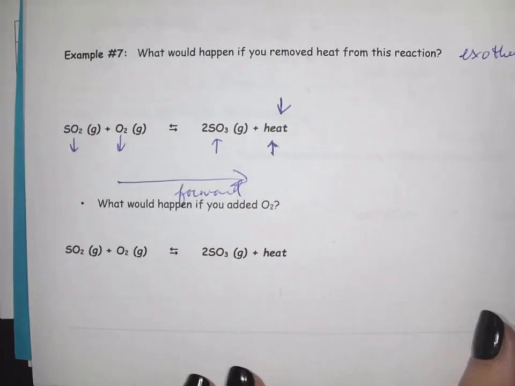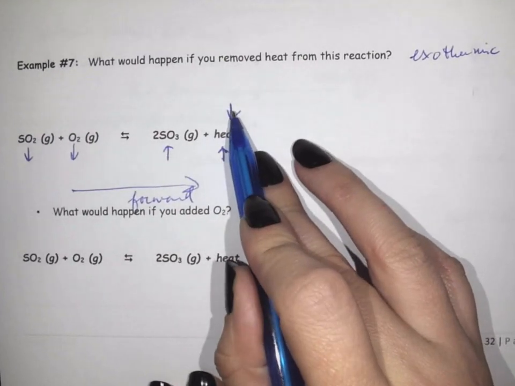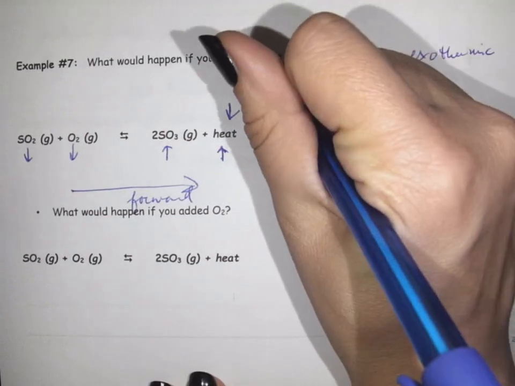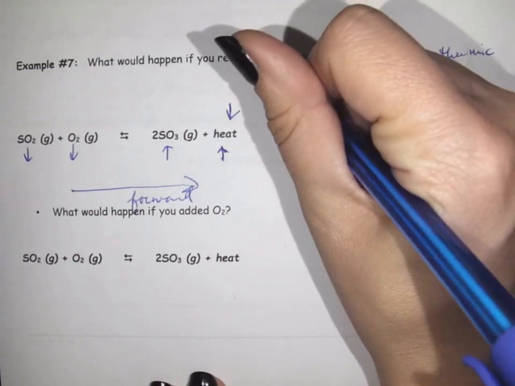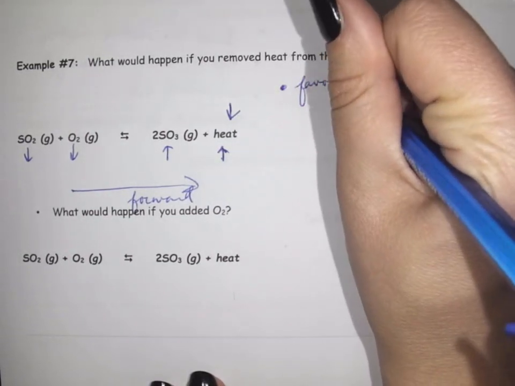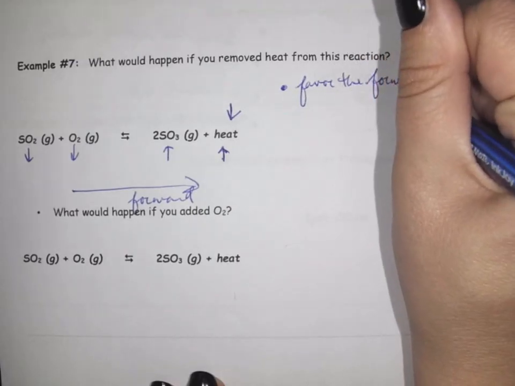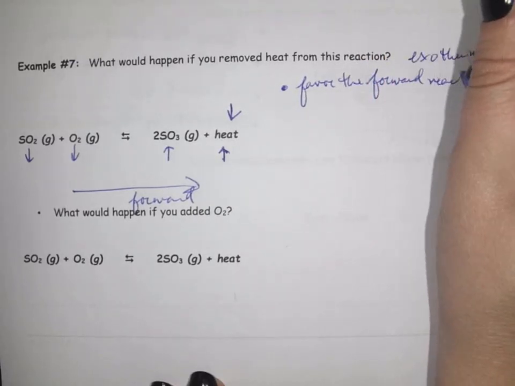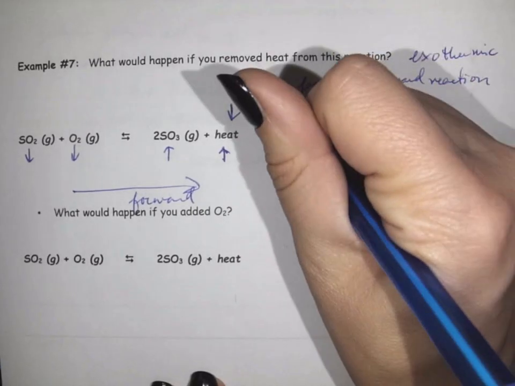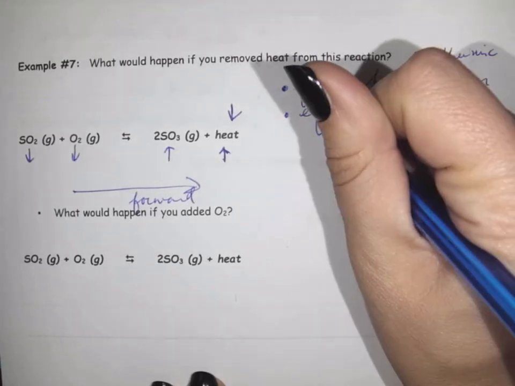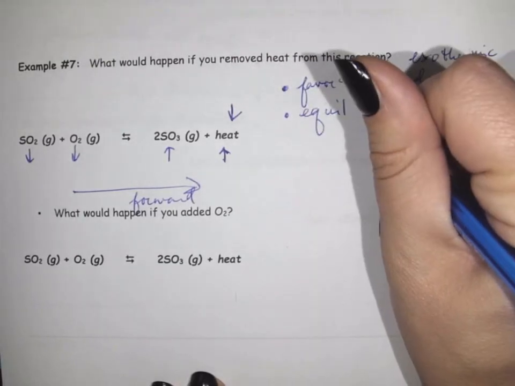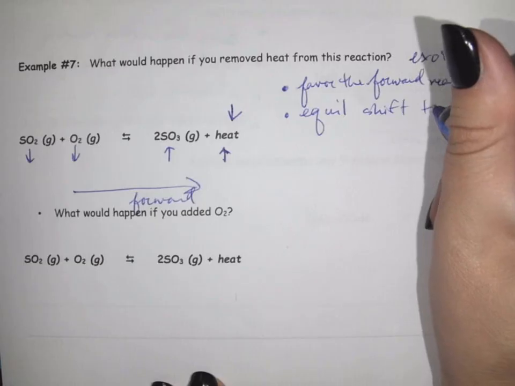So lots of things happen when we add the stress of decreasing heat. The first thing that we could say is that we're going to favor the forward reaction. The other thing that we could say, which means the same thing, is that the equilibrium will shift to the right.